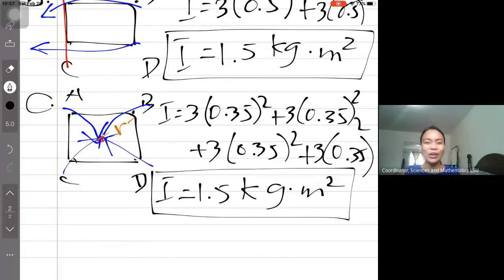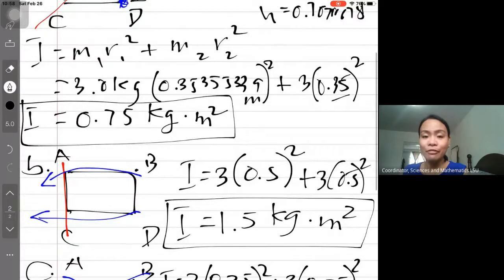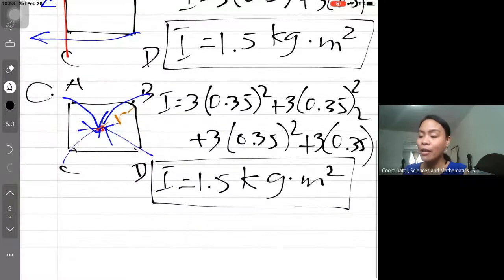All right. So now if we are going to determine which axis of rotation we can rotate our square the easiest, we have to find the moment of inertia that has the least magnitude. So here for A, it is 0.75, for B, 1.5, and for C, 1.5.